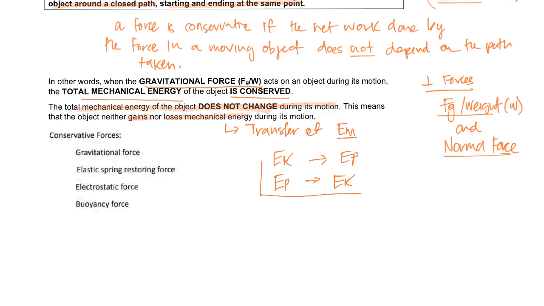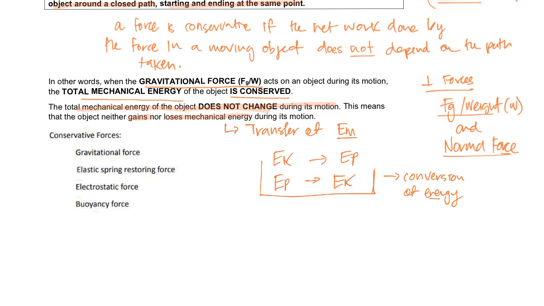All the time as the motion happens, if I've only got gravity and the normal force, then all I'm going to have is transformation or conversion of energy, not so much energy being added or lost.